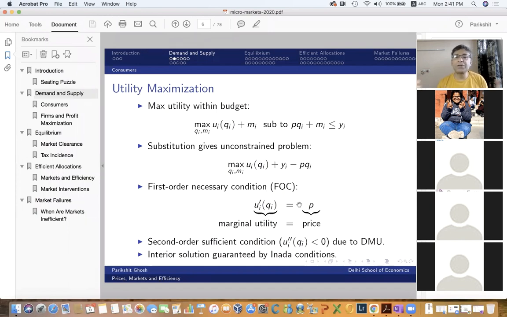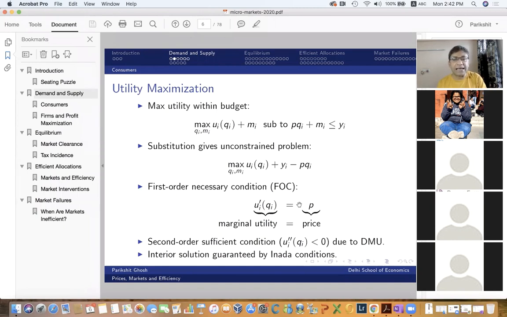A demand function tells us how much a consumer will demand or want to buy at various prices of that good, and maybe other goods. So a demand function could, in general, be a function of many different things, but the most critical among them is the price of the good in question.